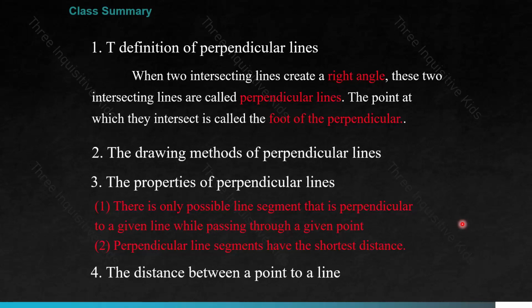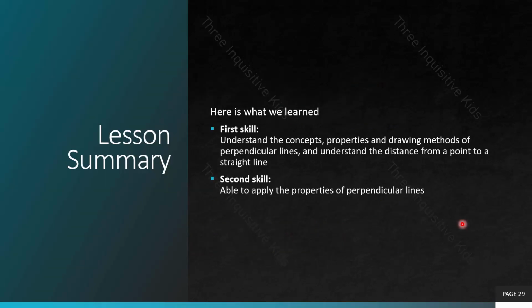We learned that the distance between a point to a line is the shortest line segment, which is the perpendicular line segment. Again, today we understood the concepts, properties, and drawing methods of perpendicular lines and understood the distance from a point to a straight line. We were also able to apply the properties of perpendicular lines when solving problems.